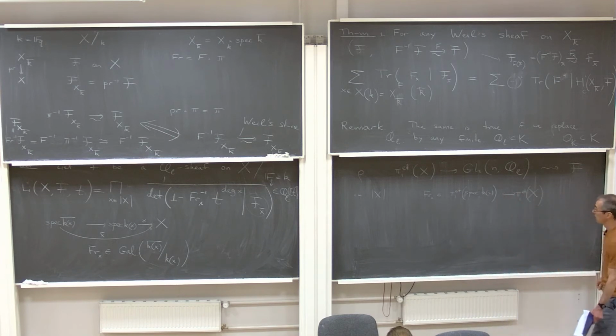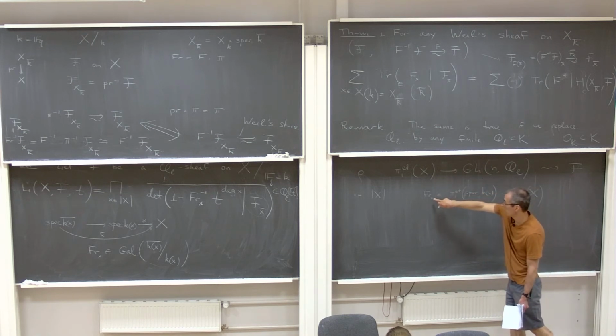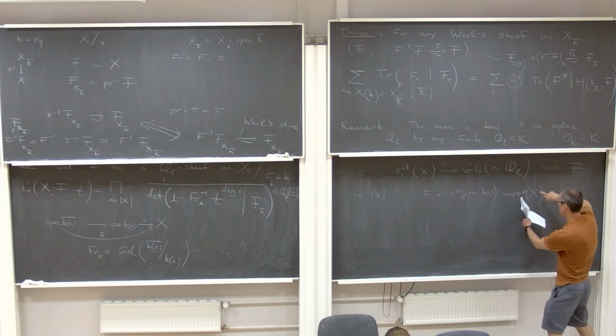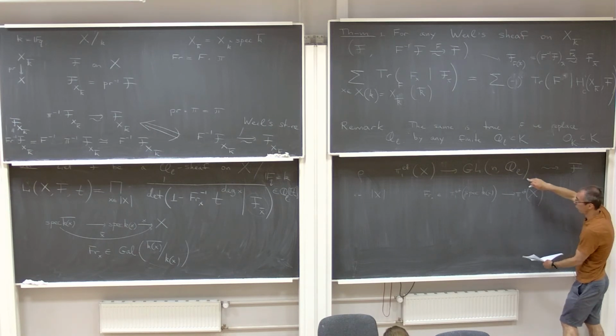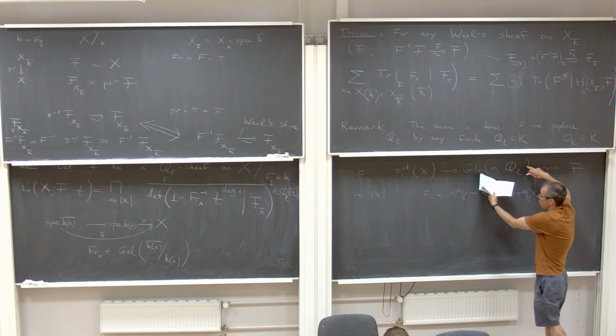So if you have this representation now, you can look at the images of this Frobenius. This Frobenius gives you a conjugacy class in this fundamental group of X. And you evaluate, well, you get a conjugacy class here, so you just take the trace.